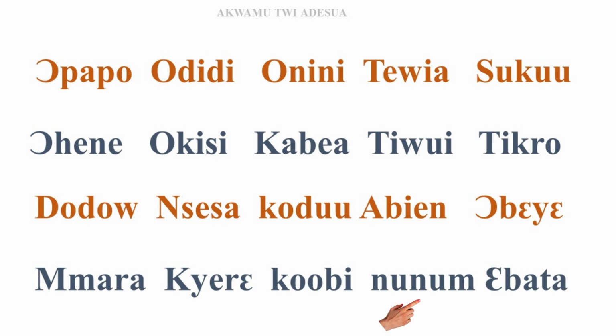Then we have nunum, which is u, u, n, u, n, u, m, nunum. Then we also have ebata, which is e, b, a, t, a, ebata.